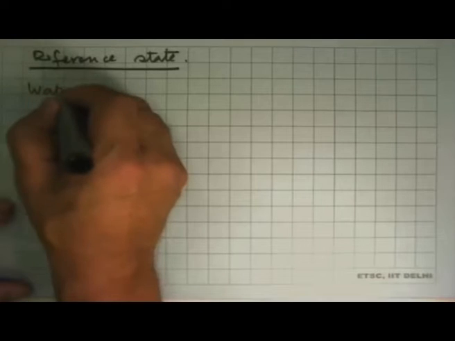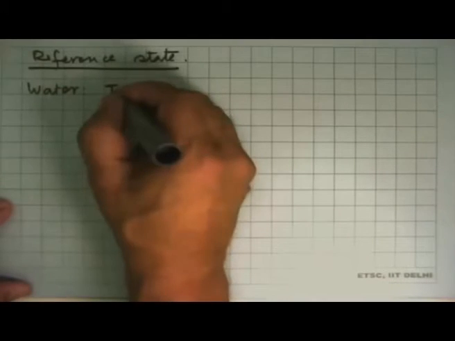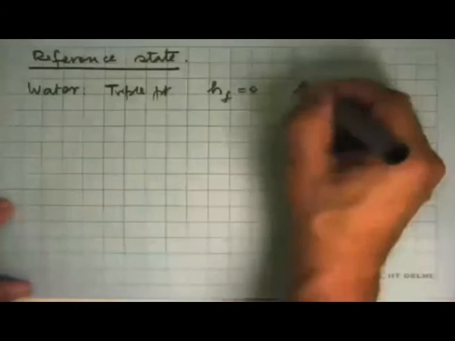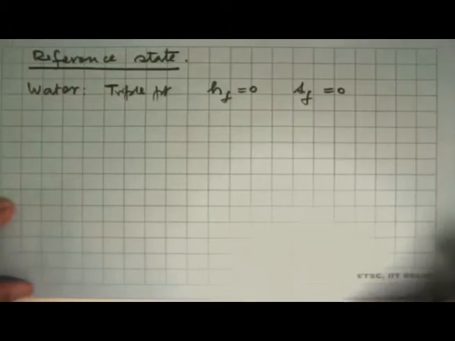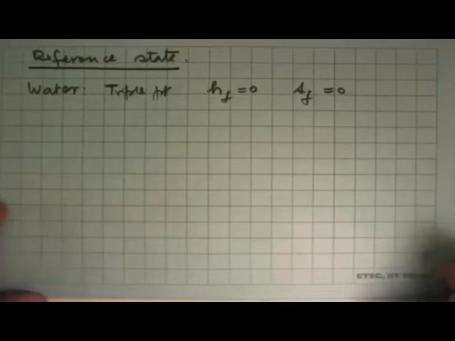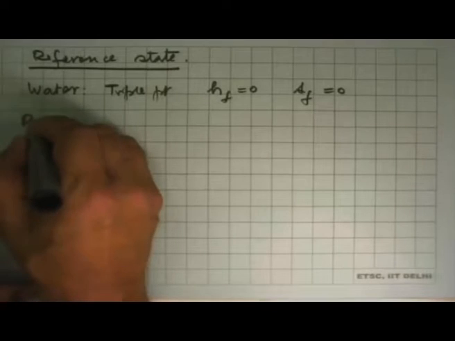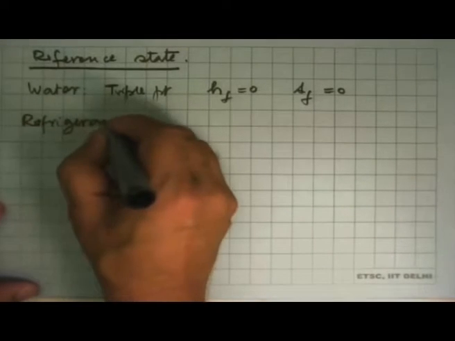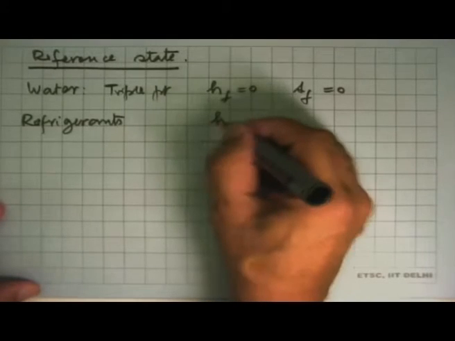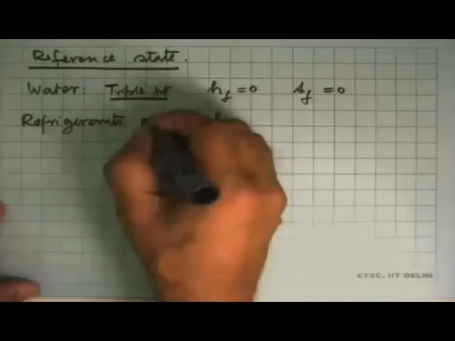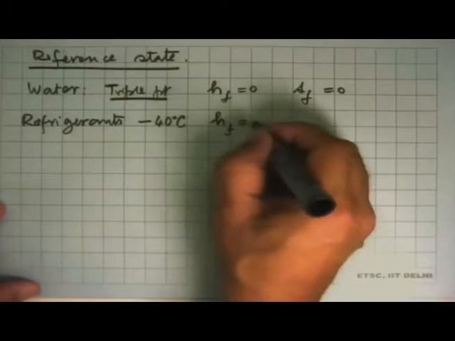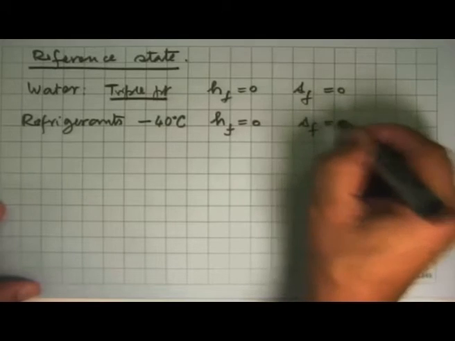For water, we say that at the triple point, HF is equal to 0, SF is equal to 0. For most refrigerants, instead of the triple point, we say minus 40 degrees Celsius, HF is set to 0, SF is set to 0.